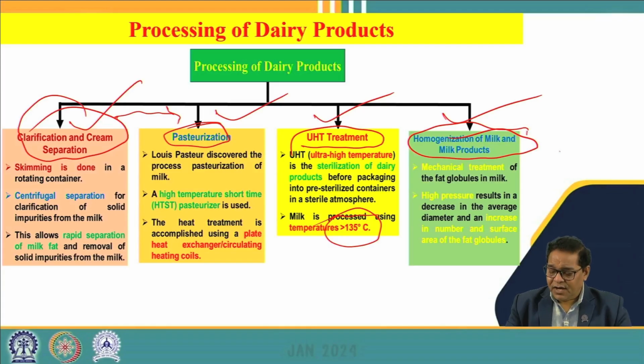So this is a process to make the concentration uniform, so all the milk products have similar diameter and similar concentration. This is what is called homogenization in milk production.